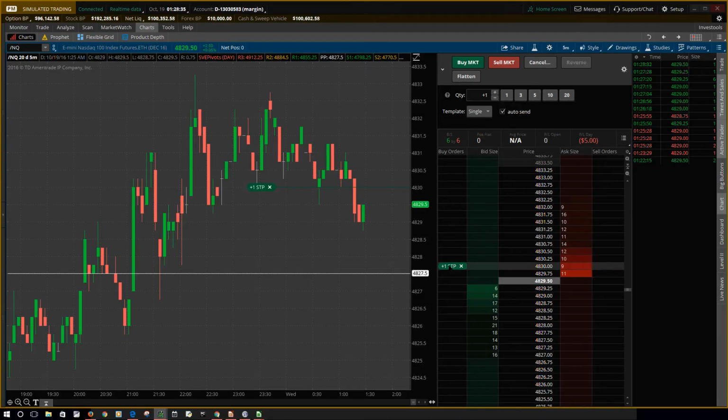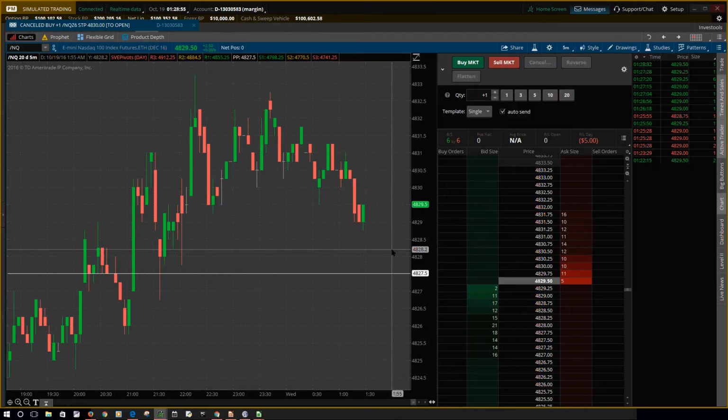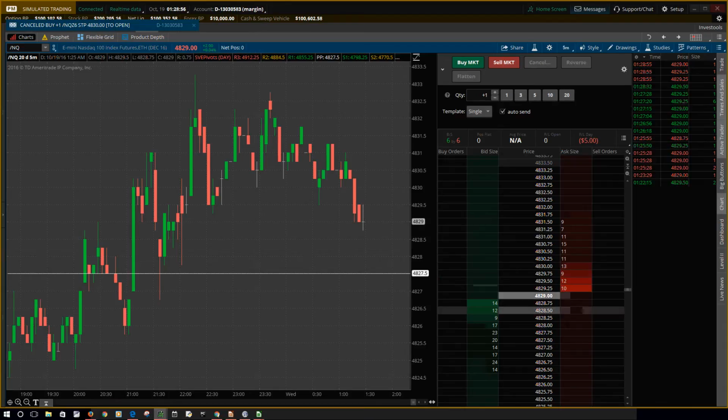Once my order is filled with that buy stop, we have to put in sell orders: a sell stop and a sell limit to get out of that buy order. The other opening order people like to use is a sell stop, which is an order below where the market is trading.